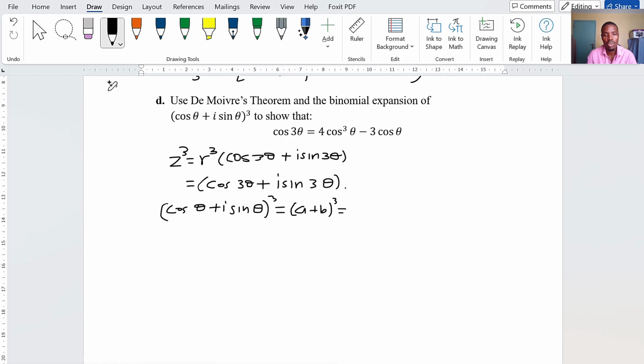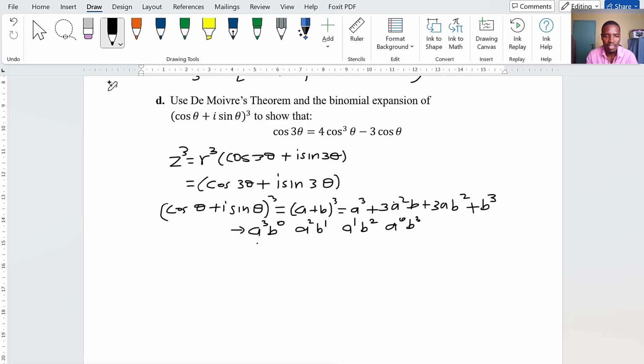We know that a plus b cubed is a cube, a standard expansion, plus 3a squared b plus 3ab squared, then plus b cube. But you don't need to cram this. You can show this by simply saying a power 3 while b power 0, a power 2 while b power 1, a power 1 while b power 2, a power 0 while b power 3.